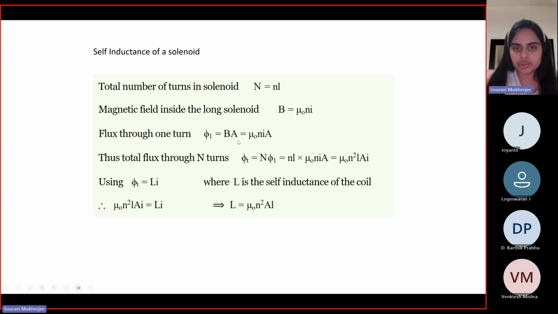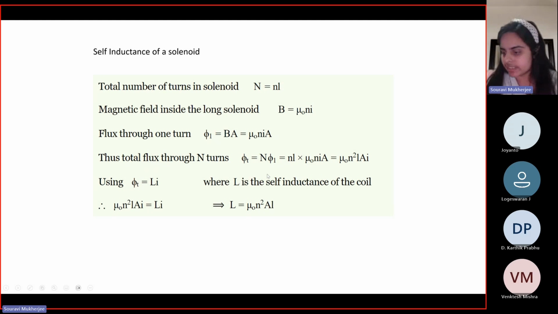So B into A, where B is given as mu 0 n I, and A is your area for one circular turn. And if you have N such turns, then the net flux is given as N into phi 1, right? So this is nothing but mu naught n square L into A, that is your area, into I, that is your current.